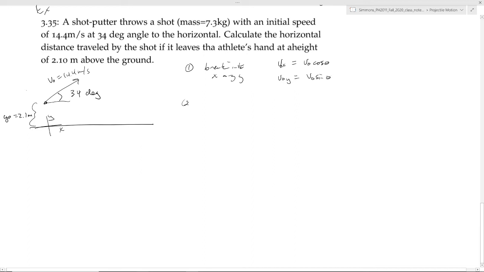Okay, because we're launched at an angle in this problem. And then the next thing is we want to find the time from y direction. So let's do that.